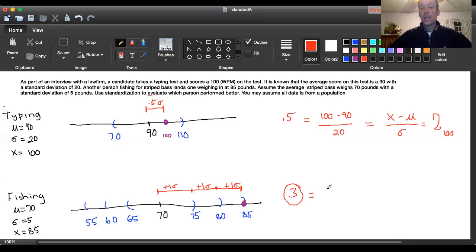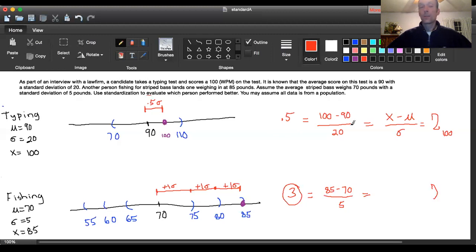We're going to say we took the difference between the weight of 85 and 70, and we divided that by the standard deviation of the population, which of course gives us 3 again. And that let us standardize the weight of 85 pounds. And now we know how to use standardization to evaluate an apples to oranges comparison.